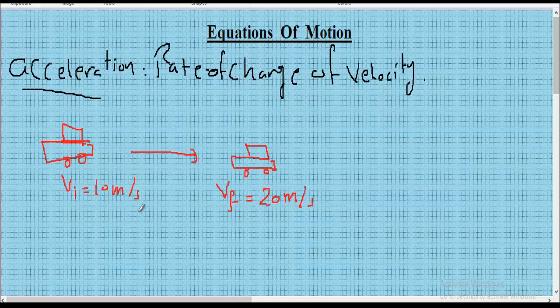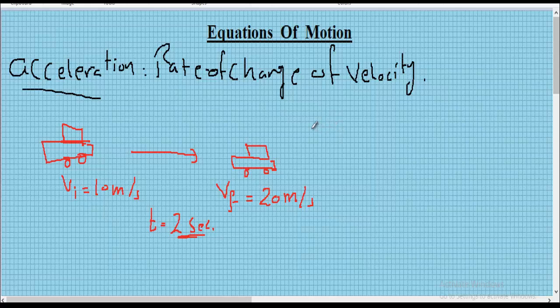So the velocity increases by 10 meters per second within a time of 2 seconds. In this case, we say that the car is accelerating because the velocity increases within this time, which is 2 seconds. So acceleration is the rate of change in velocity.